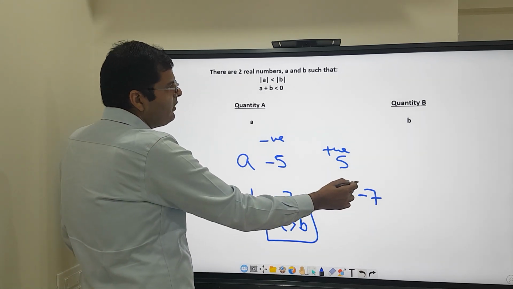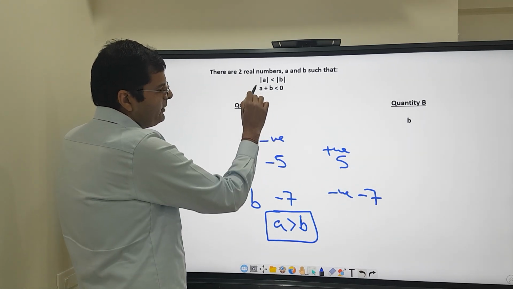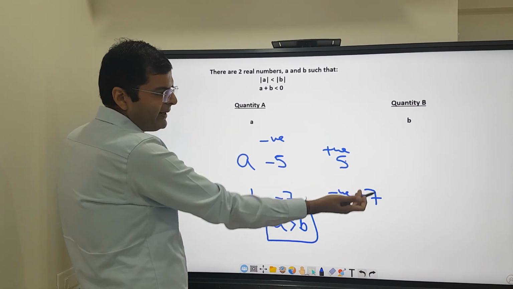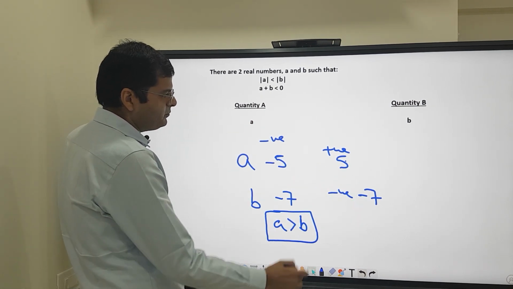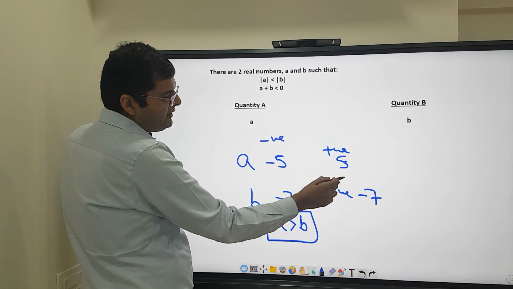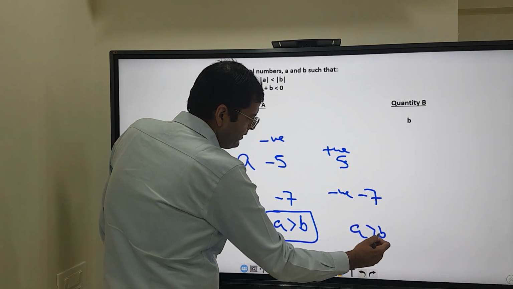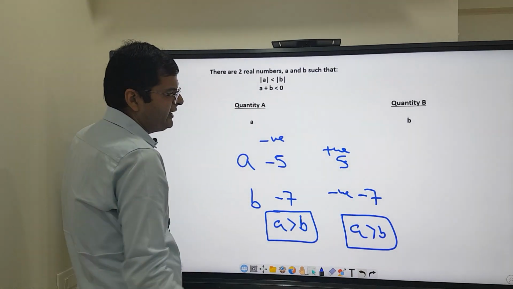So this is also satisfied. Still, in that case a is greater than b because a is a positive number and b is a negative number.